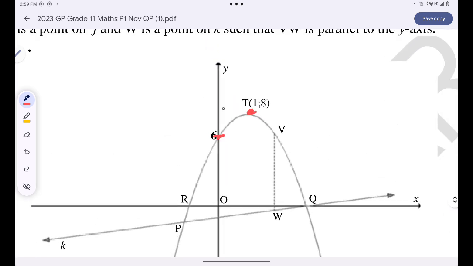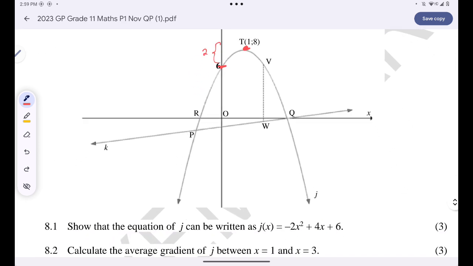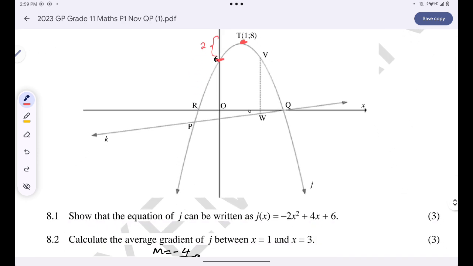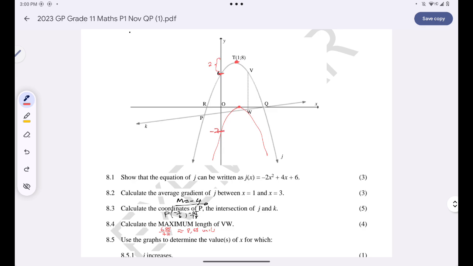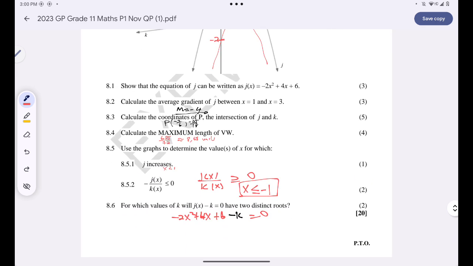The distance between these two is simply 2 units. Are you together? So whenever my graph turns at the x-axis like this, here y is 0. That means y will be -2 over here.